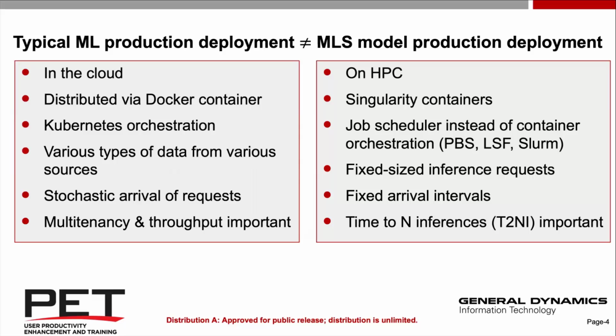And instead of various-sized inference requests at stochastic intervals, generally you have fixed-size inference requests at fixed arrival intervals. And instead of multi-tenancy and throughput being the most important metric, the time to N inferences, which I'll discuss later as a metric, meaning how fast can we do N inferences, is the most important metric.